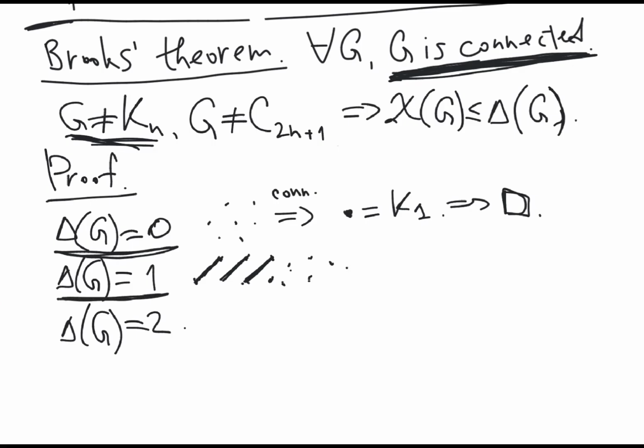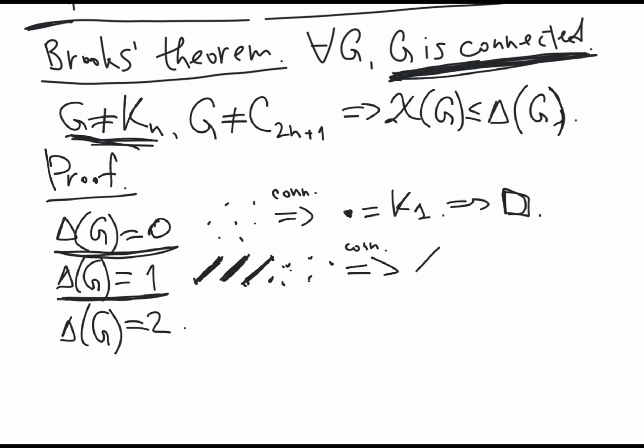Again, because of the connectedness of the graph, we cannot have isolated vertices at all, and we can have at most one edge, because if we have at least 2, then the graph is not connected.